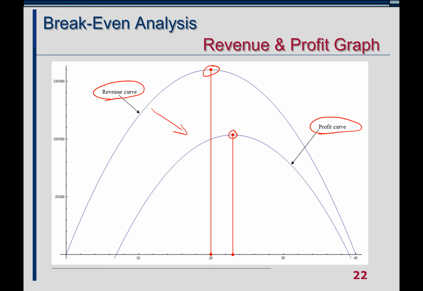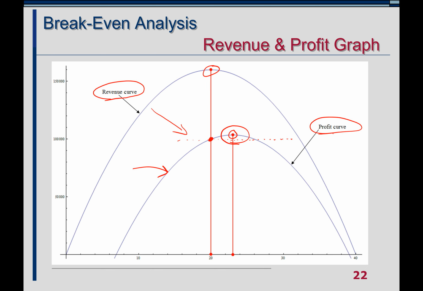So if you pick the wrong objective, do you see that if you picked revenue as your objective, but in reality you wanted profit to be your objective, that this is a suboptimal result? And just by picking the wrong value, you didn't maximize what your true profit could be.